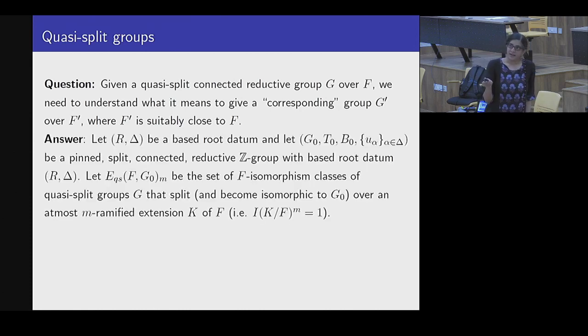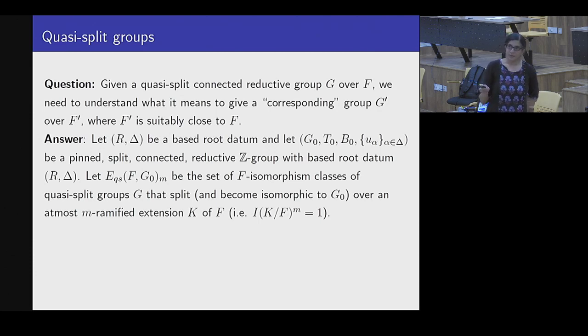so let R delta be a based root datum. I have fixed a split connected reductive group. T naught is a maximal split Z torus, B naught is a Borel, and I have fixed a pinning U alpha, which is an isomorphism from G_a to the root subgroup U alpha for the root alpha, and let EQS of F, G naught, sub M be the F isomorphism classes of quasi-split groups G that split and become isomorphic to G naught over an at most M ramified extension of F. By that I mean that the mth upper numbering filtration of the inertia is trivial.